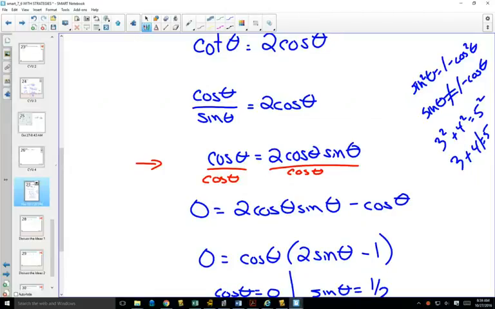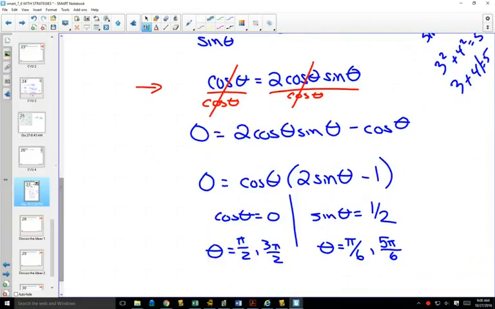So I have changed things to one trig function. And it appears like I'm not doing anything mathematically wrong. If you were to do that and cancel these out, you get 2 sine theta equals 1, and solving it, you will get these two answers. But you won't get these two answers.